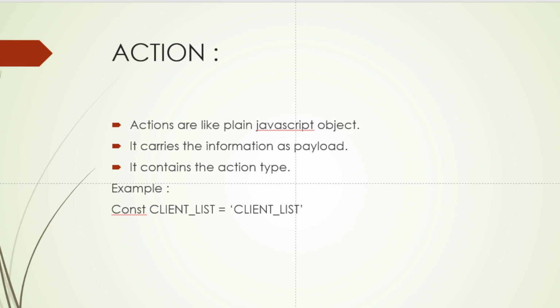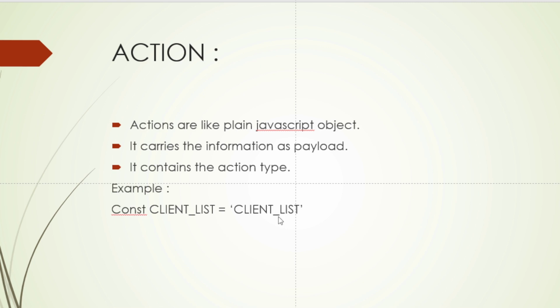Now the action. We declare it like plain JavaScript. Whatever we dispatch triggers the reducer based on the action type. For example, client list is the type. Based on that type, we dispatch from the UI to the action, and whatever we trigger has to be matched in the reducer.